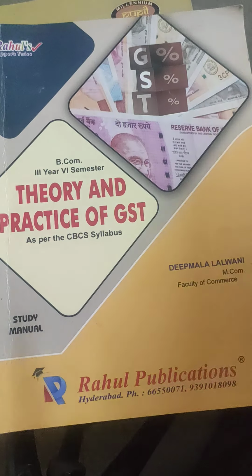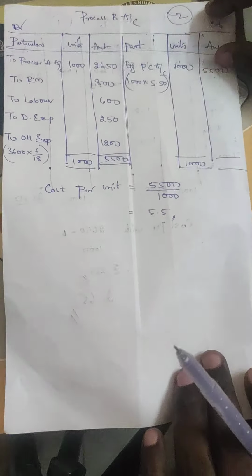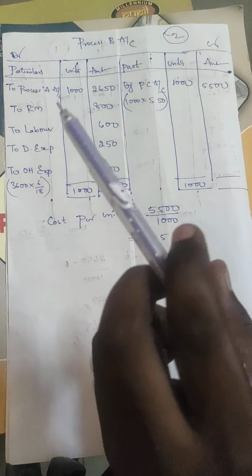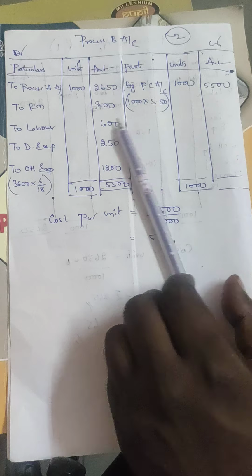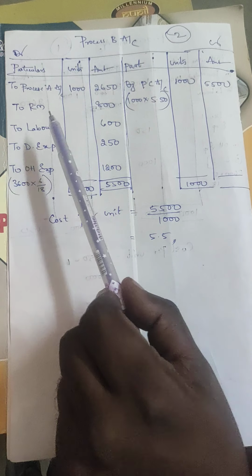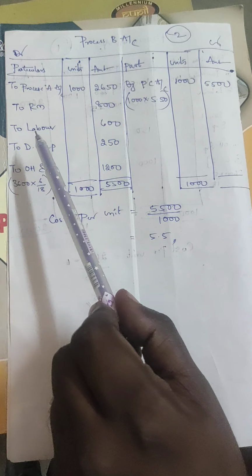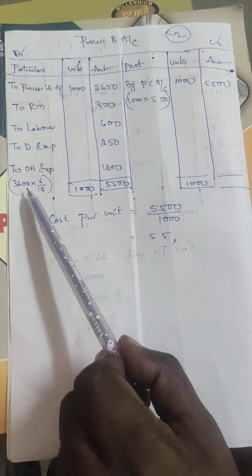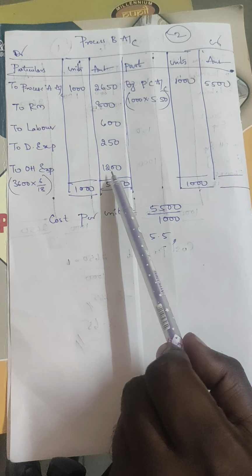In the same way we have to do it for process B also. From process A, how much amount did we bring? 1000 units, 2650. To raw material 800, to labor 600, to direct expenses 250, to overhead expenses 3600 into 6/18, it is 1200.